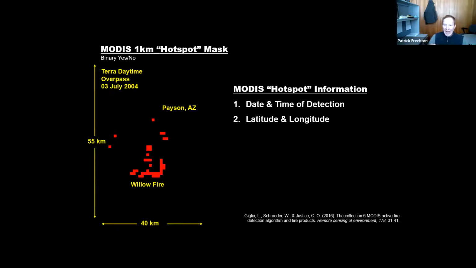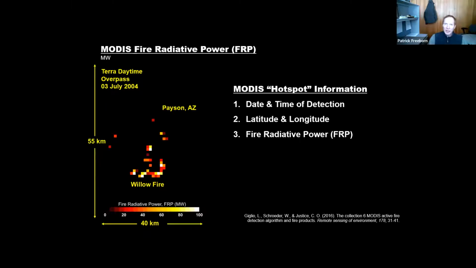And then the black is the surrounding non-fire background. And there's basic information we get out of this mask, the date and time of detection, and the latitude and longitude.